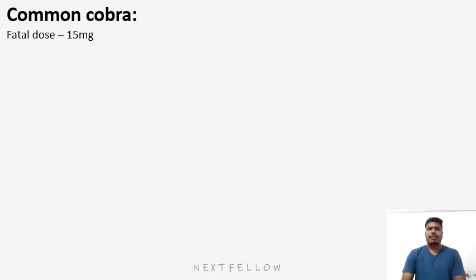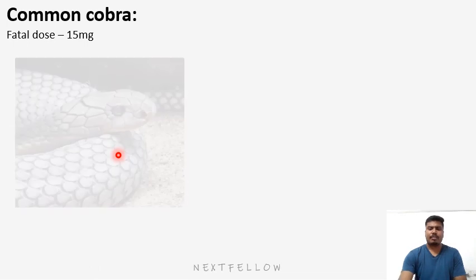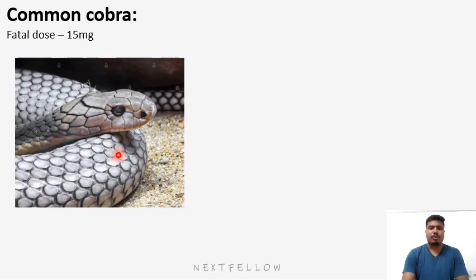Now we will learn about the characteristic features of individual snakes and how to identify them in an image based question. The first one is the common cobra. You have seen it many times. Here the third labial, the first, second and third labial, touches the eye and the nasal shield, as we have learned previously.